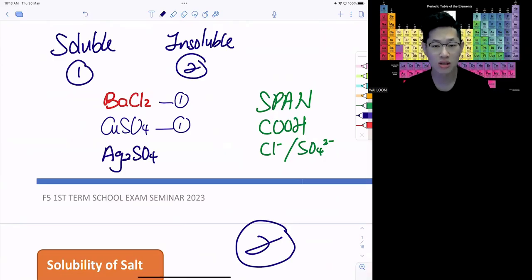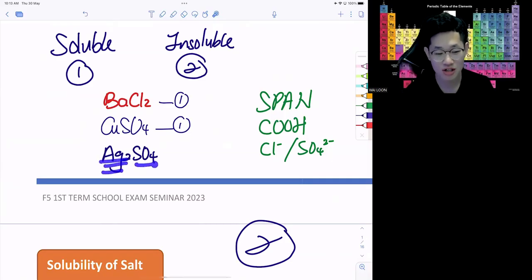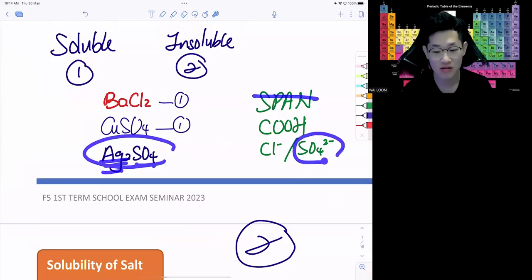Ag2SO4, soluble or not? Okay, yeah, thank you. So, sodium, potassium, ammonium, nitrate, no. COOH, no. It's a sulfate.